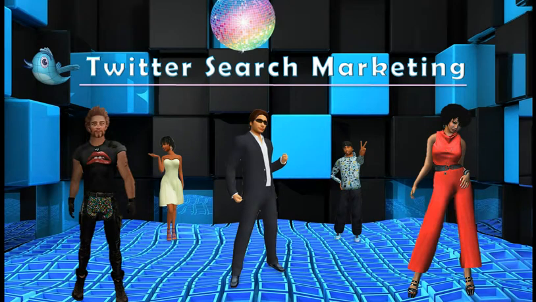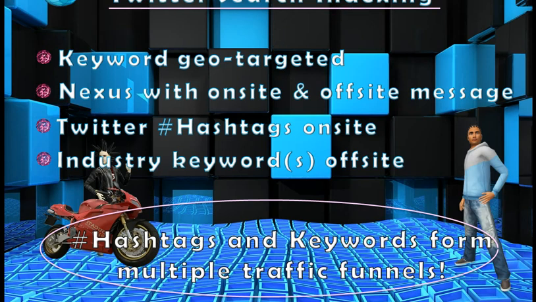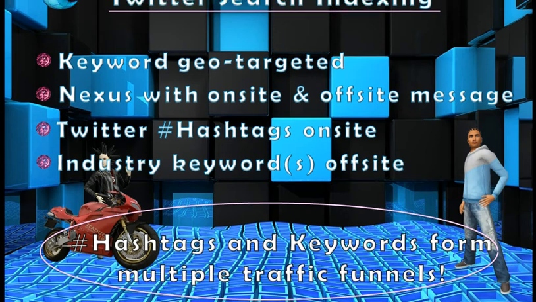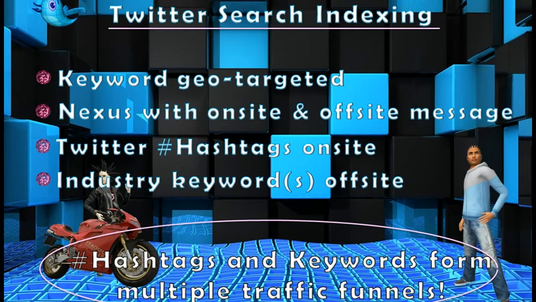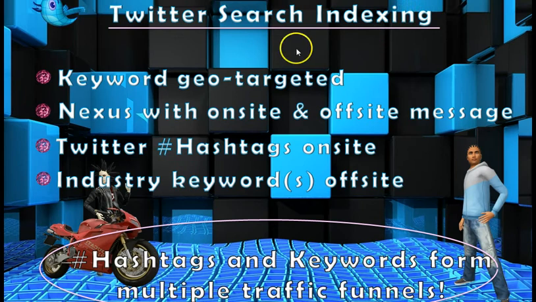for search marketing purposes. The first thing we want to talk about is some search indexing basics. When we say search indexing, we mean the Google, Yahoo, Bing SEO market in your industry, whatever that is, as well as on site.